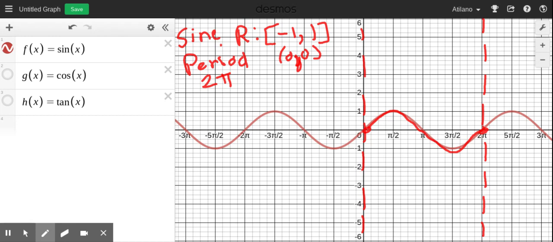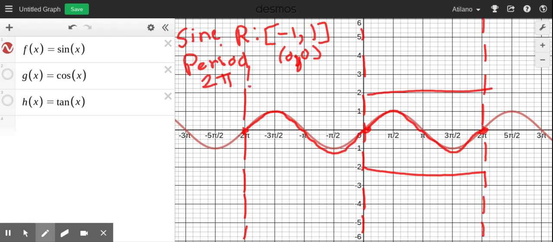So that means that everything that will ever happen to a sine graph is encapsulated in this little snapshot of the graph. So if I go backwards in time, so instead of going from 0 to 2 pi, we go from -2 pi all the way to 0, notice, I start at 0, 0, and I go up to my maximum, come back down to my minimum, and then repeat and go back to 0, 0.